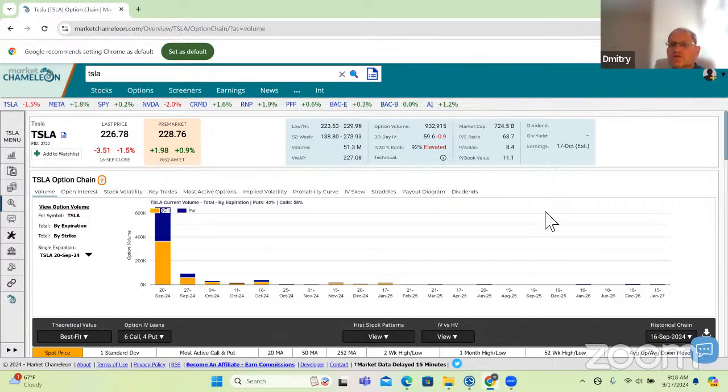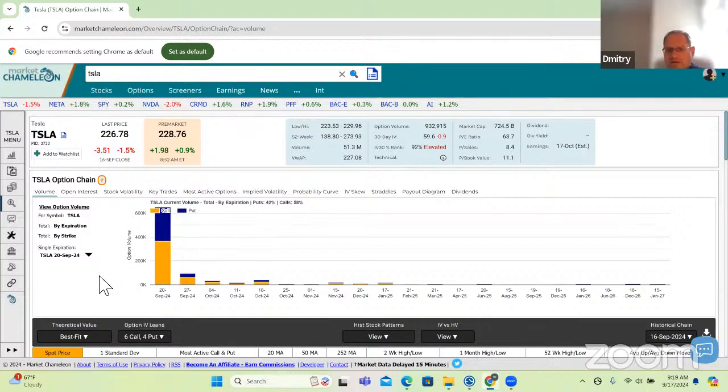So you have all these other expirations available, but very little trading relative to September 20th. Relative to September 20th, all the other volume bars look very small. Some are barely noticeable because this is a relative chart. And the breakdown is that 42% of them were puts, 58% of the options were calls.